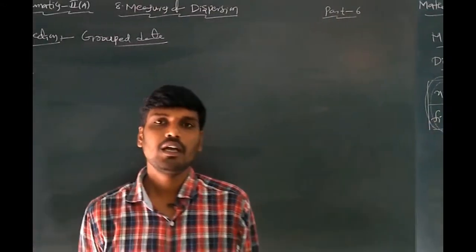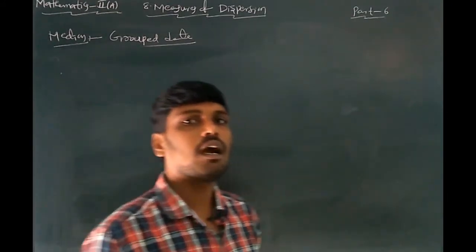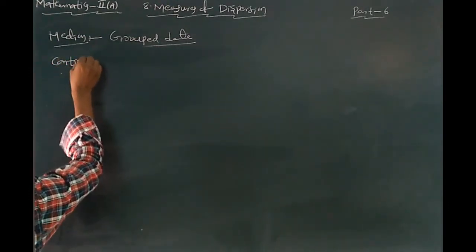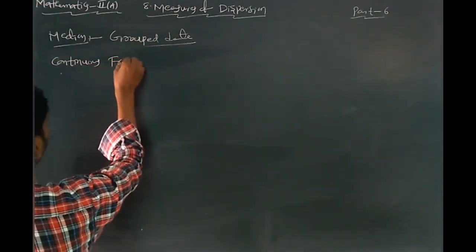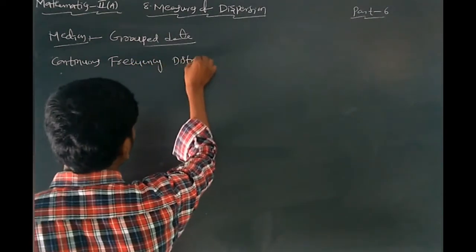Next, in this grouped data, the second type is the continuous frequency distribution.